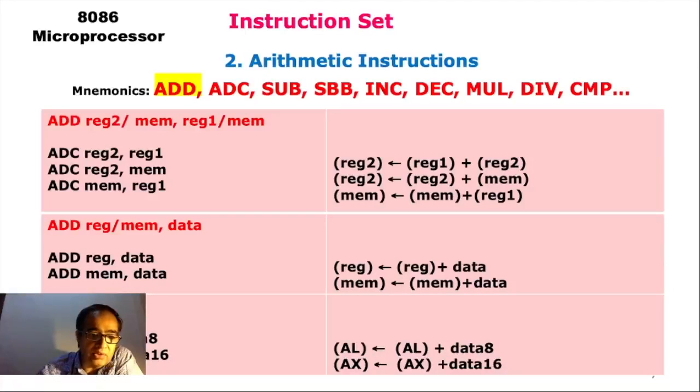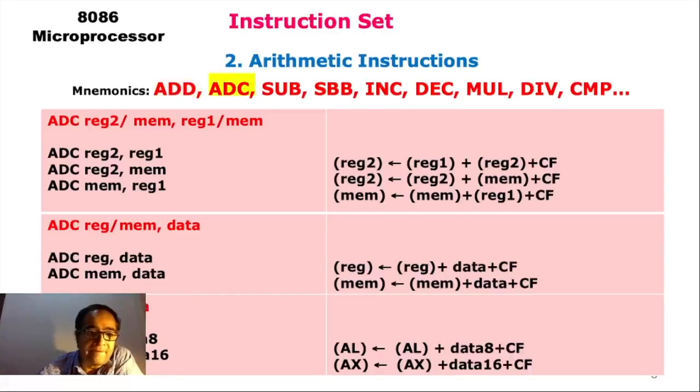Over here, as you can see, 8-bit data and AL. AL is an 8-bit register, so AL contents and 8-bit data will be added and saved in AL. AX is 16-bit, therefore 16-bit immediate data will be added and saved in AX. Now we have already seen this, but the only difference over here is the carry flag.